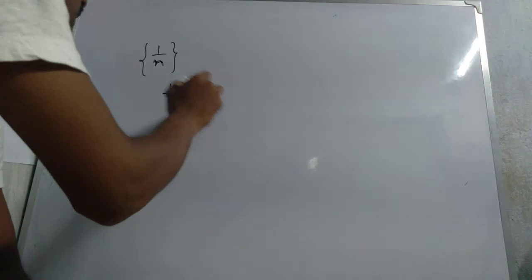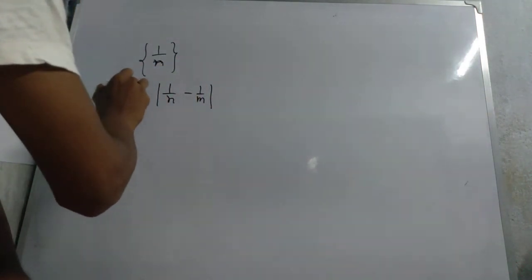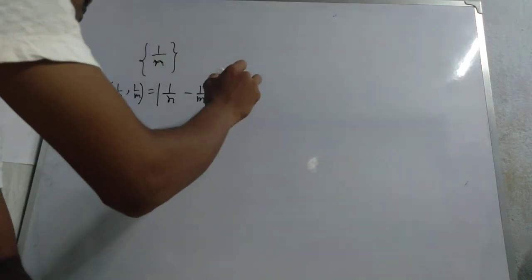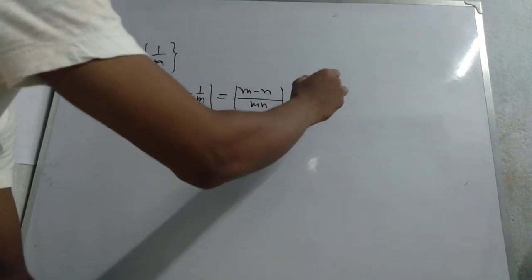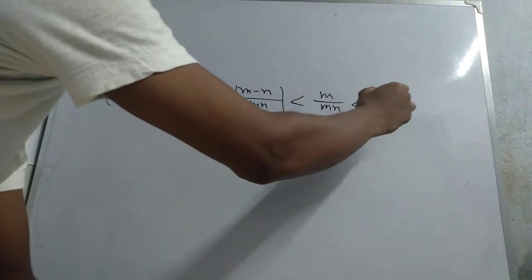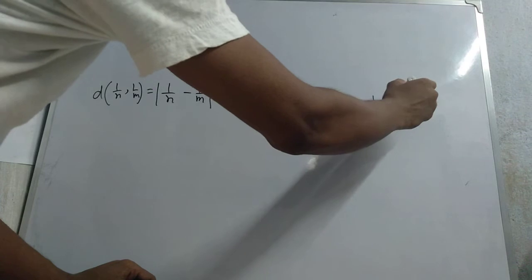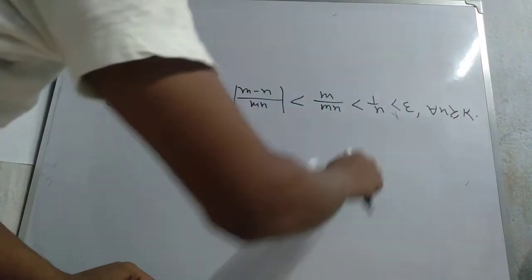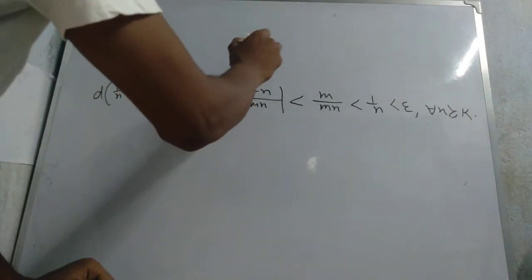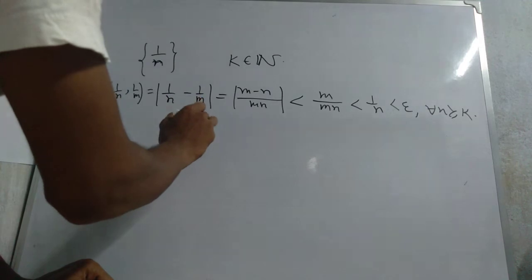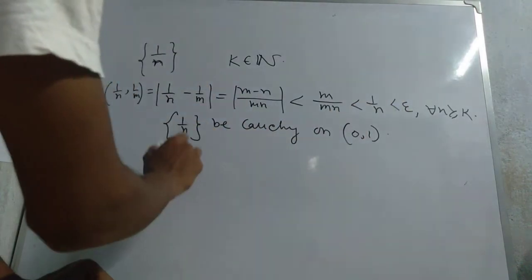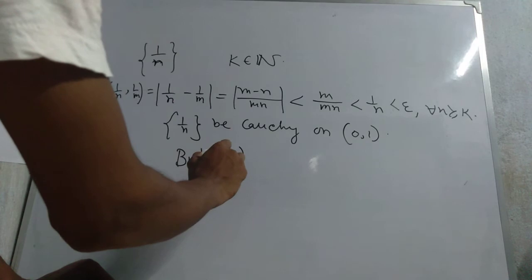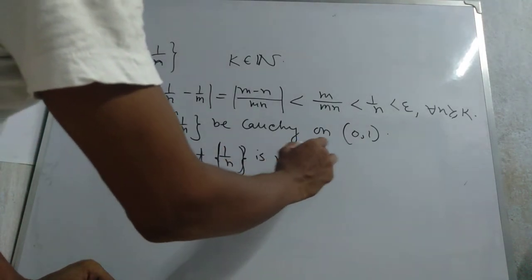This sequence is Cauchy, that means d of 1 by n, 1 by m equals m minus n by mn, less than or equal to m by mn, less than or equal to 1 by n, less than epsilon for all n greater than or equal to k, where k belongs to N. Then 1 by n is Cauchy on (0,1), but 1 by n is not convergent.